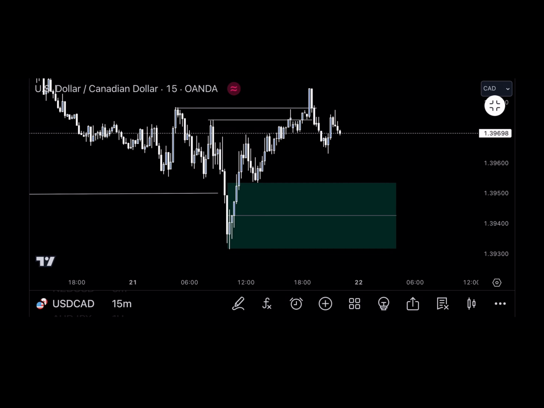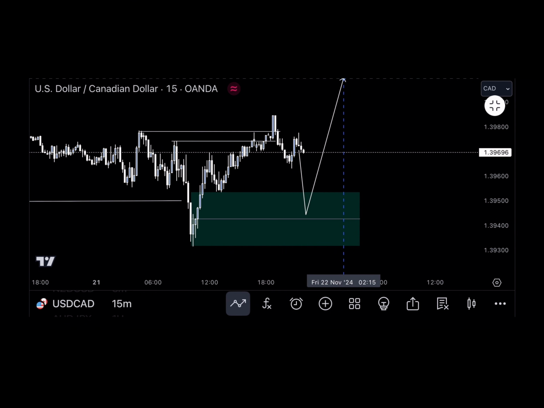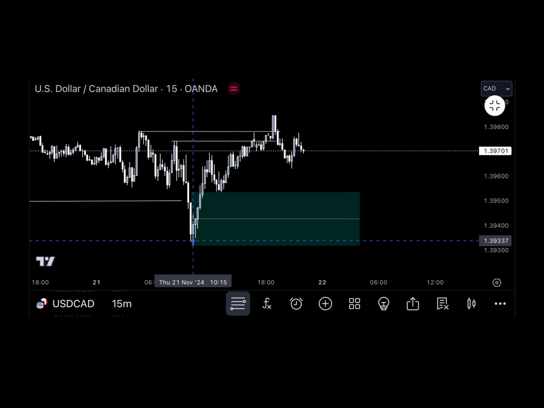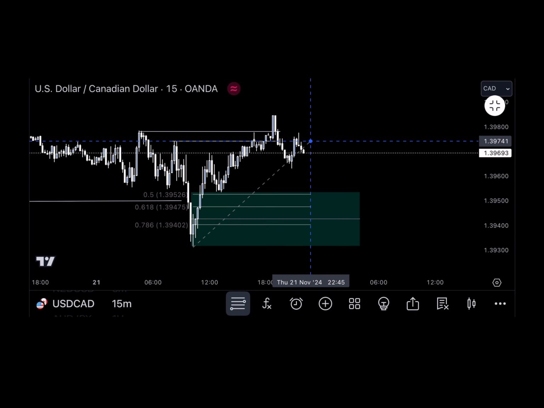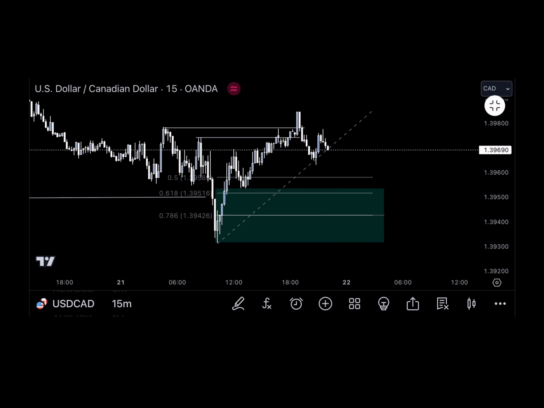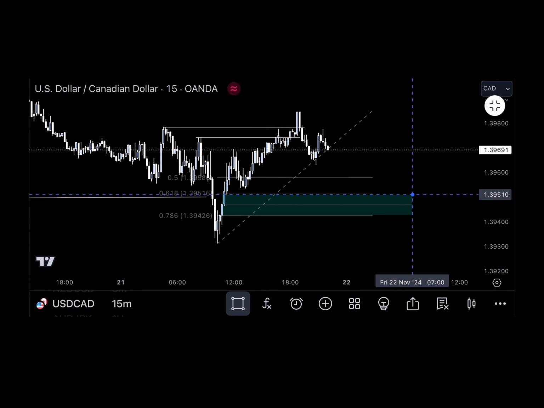We want the market to come down here before going up, as we said. So I bring out my fib, from the swing low to the swing high. So I mark out my area, my discount zone, where I want the market to retrace down to before going up.